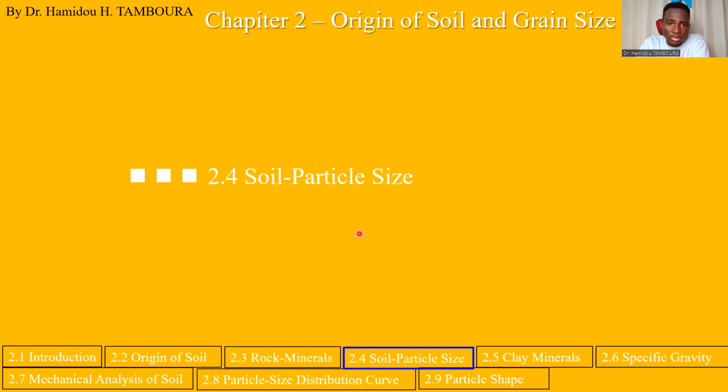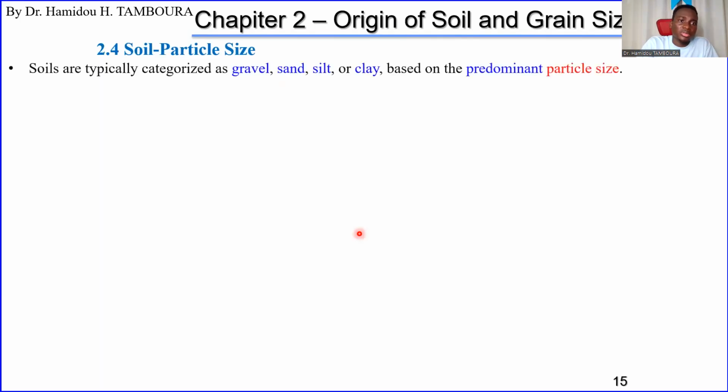Let's move to part 4, which is soil particle size. Soils are typically categorized, as we can see, as gravel, sand, silt, or clay. Based on the predominant particle size, we decide that our soil is gravel, sand, silt, or clay, just based on particle size.